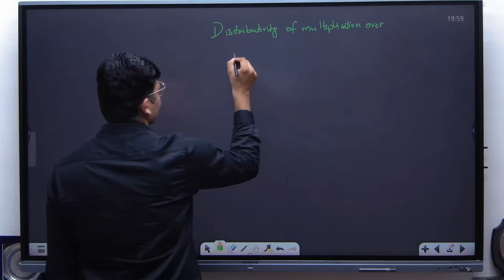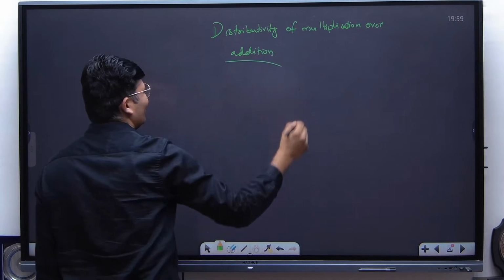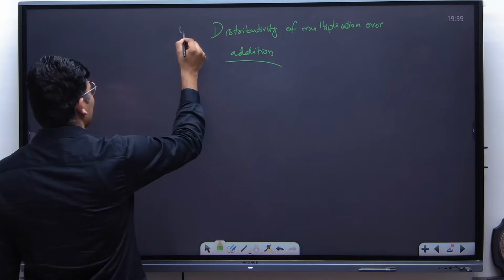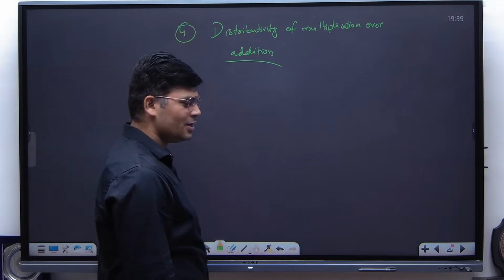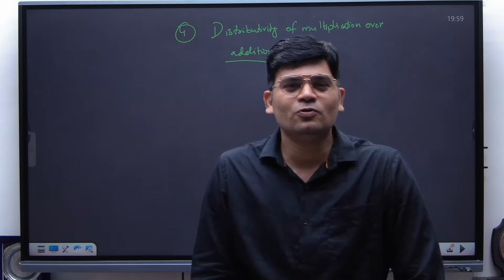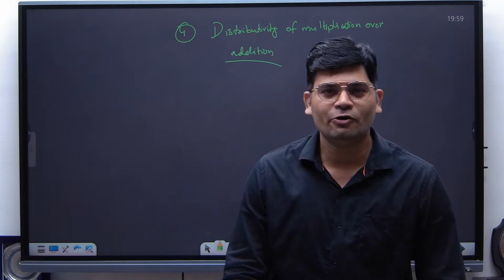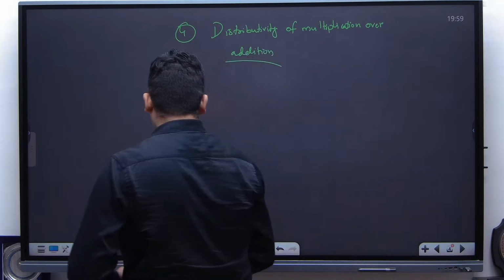You know this? Not sure? Okay, so please write it down. This is the fourth property, and a very important property. You already use this property everywhere. How do you use it? In normal multiplication.